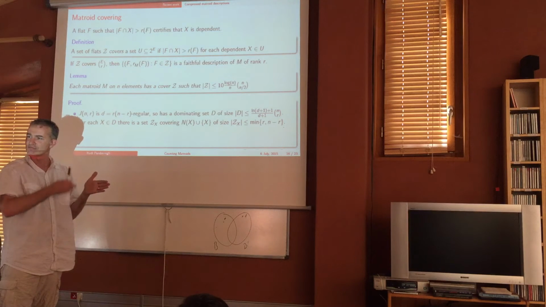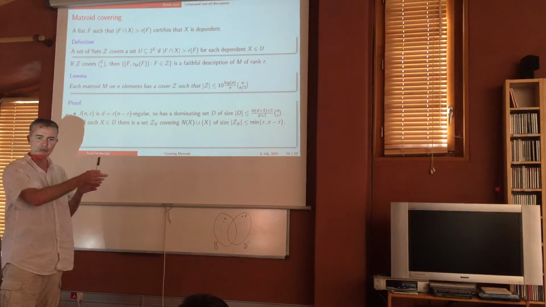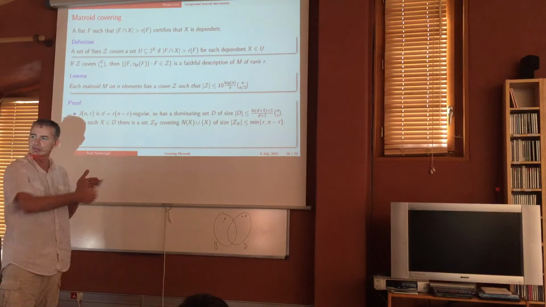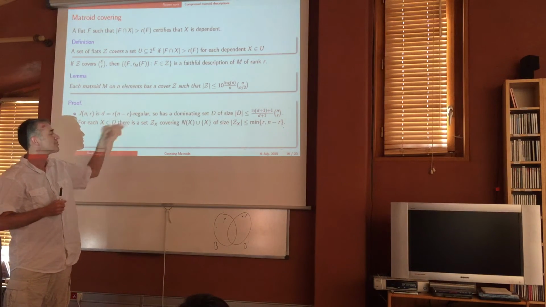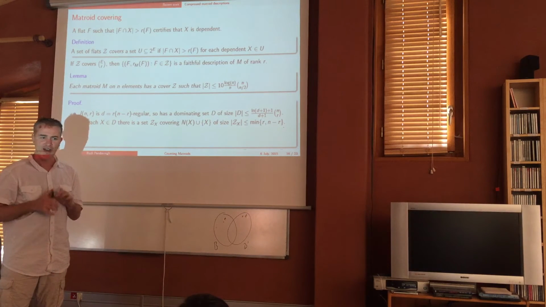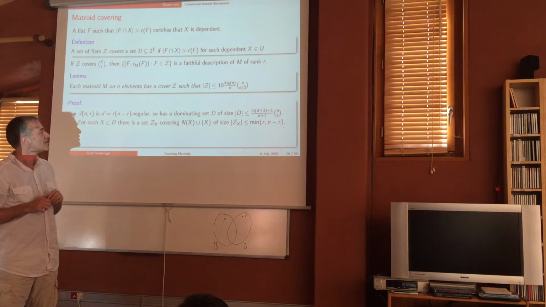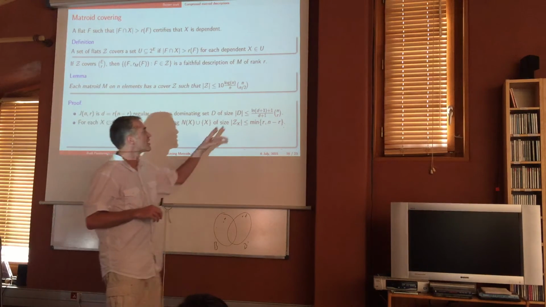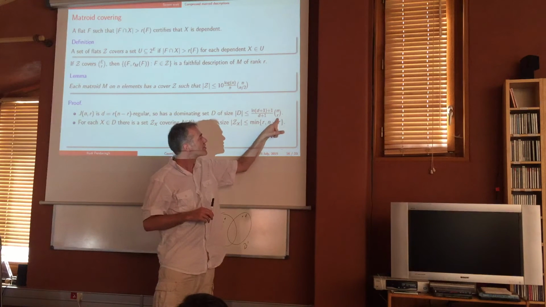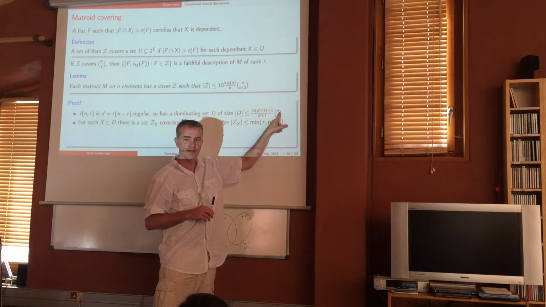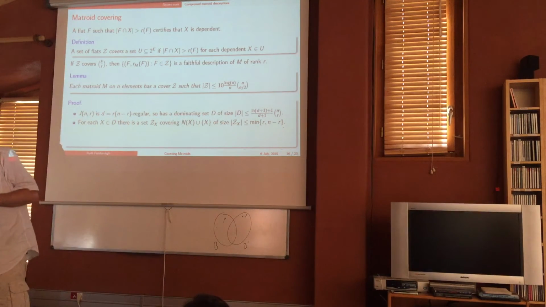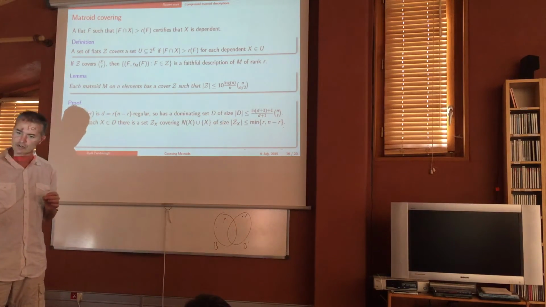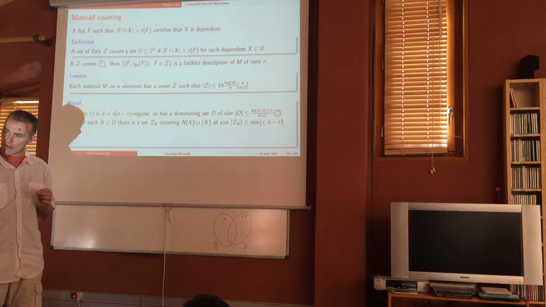So you have r choices for the element to throw out, and you have n minus r choices for the element to add, so the Johnson graph is regular of degree r times (n minus r). Now any d-regular graph is going to have a dominating set of a cardinality at most this, where this is just the number of vertices of the graph. And a dominating set is a set of vertices so that each vertex of the graph is either in the set or a neighbor of an element of the set.